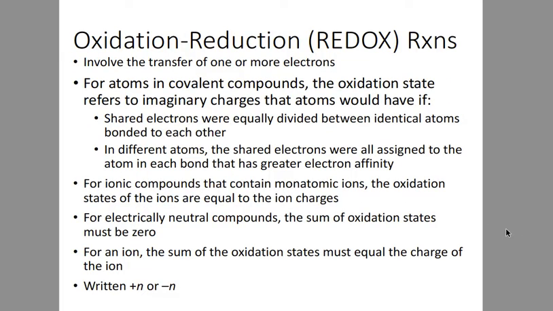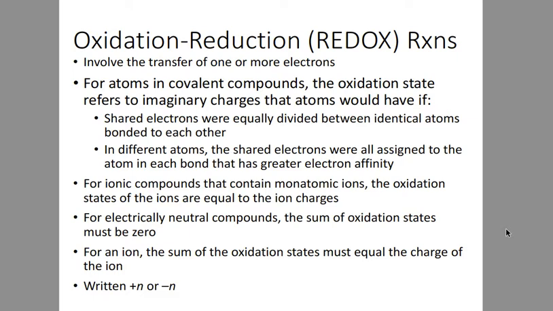The last type of chemical reaction that we're going to talk about in this chapter are oxidation-reduction reactions, also called redox reactions. I'm going to go through these in the slides here. I have also posted a more in-depth lecture slide to help guide you through if you're really struggling with redox, as well as some really good resources posted in the videos.